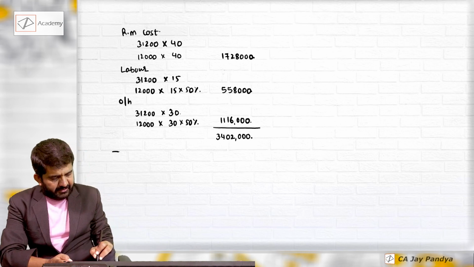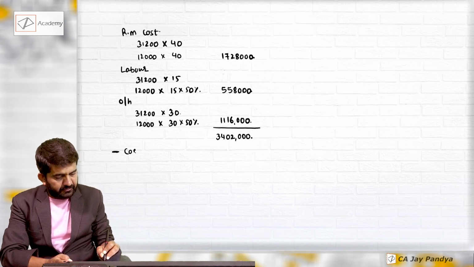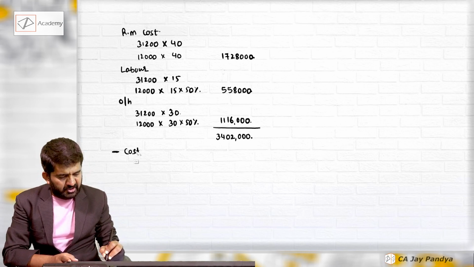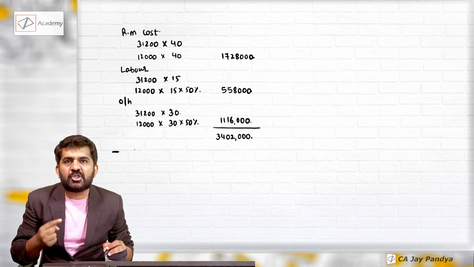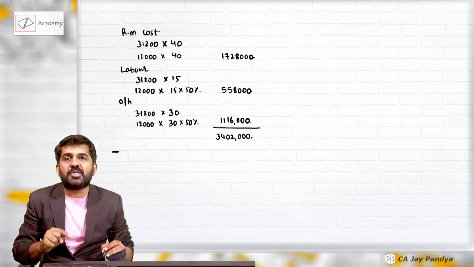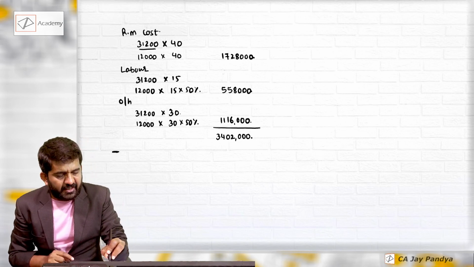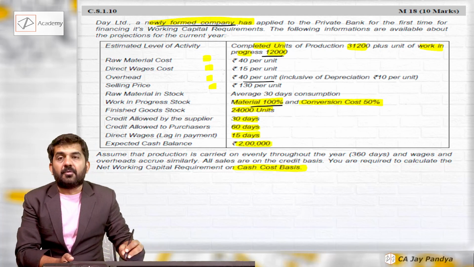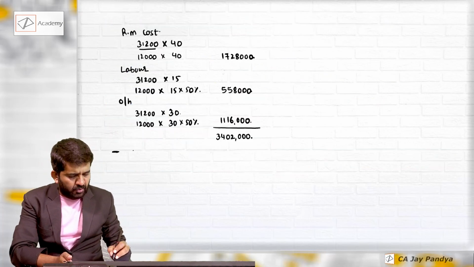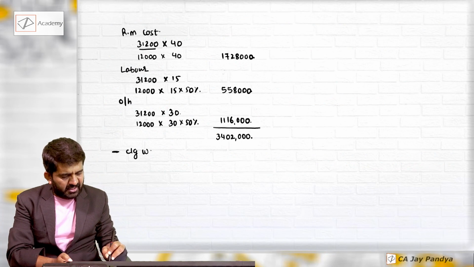If I deduct the closing stock of WIP. See, normally you should add opening stock of WIP minus closing stock of WIP to find out the cost of production. But here it is a newly formed company, so opening WIP is 0, minus closing WIP.